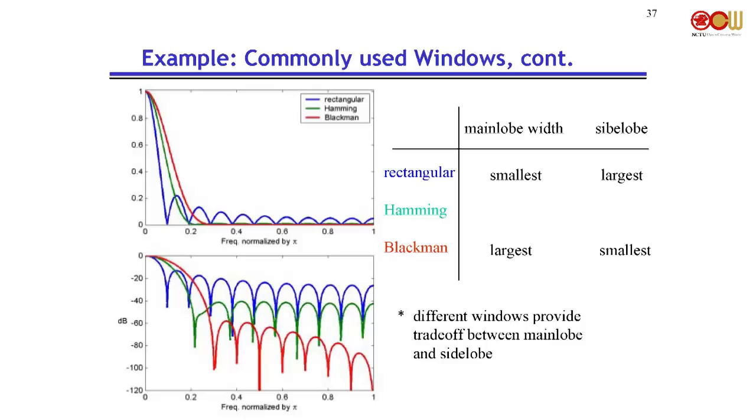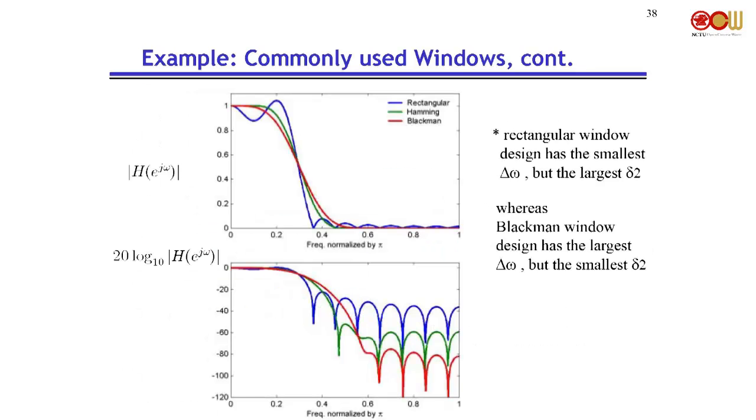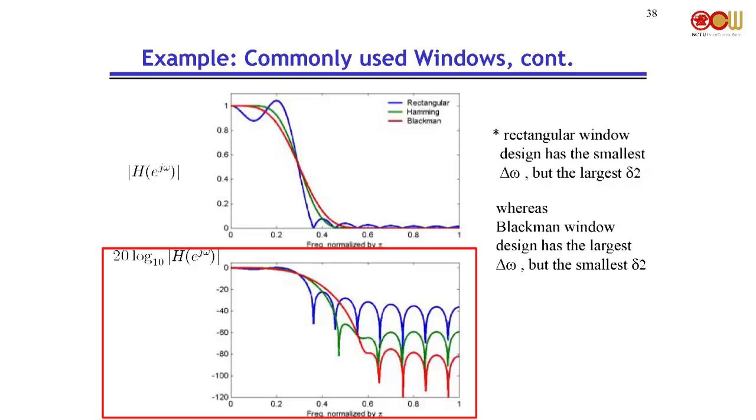All right, now let's see if our conjecture is correct. This is the magnitude, and that's the plot in dB. We see the blue one indeed has the sharpest transition, but if we look at the stop band, the Blackman window has the best stop band. It has the smallest stop band ripple.